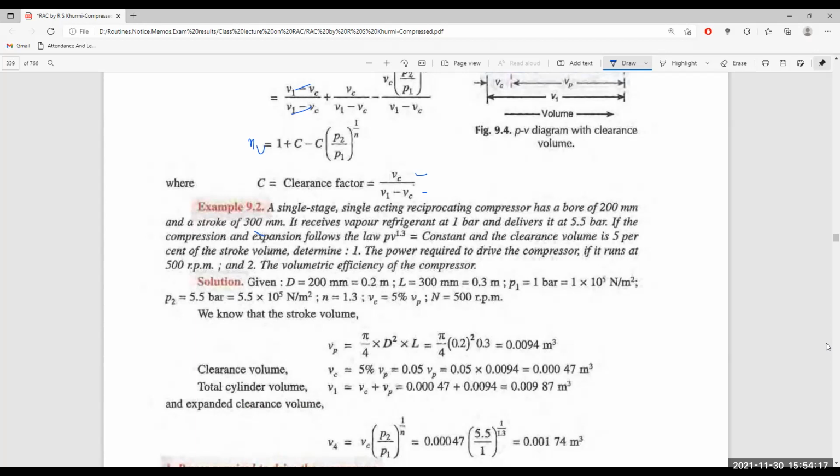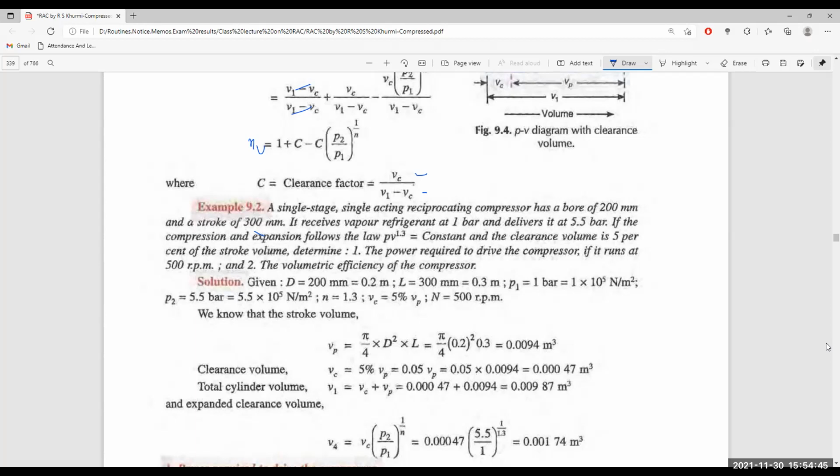So the stroke volume is pi by 4 D square L, where D is equal to 0.2 m and L is equal to 0.3 m, which equals 0.0094 meter cube. The clearance volume is 5% of Vs, so 0.05 into 0.0094 equals 0.00047 meter cube.